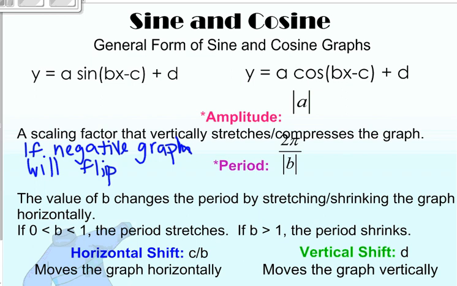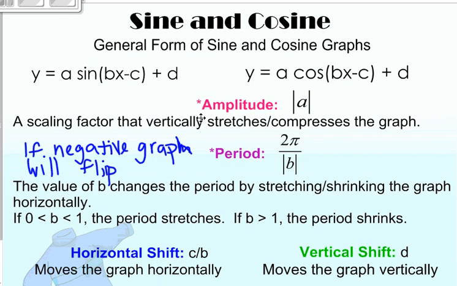The period, which is how we're going to decide what our interval at the bottom is going to be, is affected by 2 pi over b. Now this is for sine and for cosine. We're going to have some different ones for some of our different functions, but this is, again, for our sine and cosine.